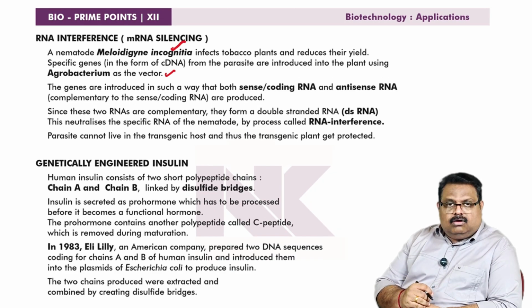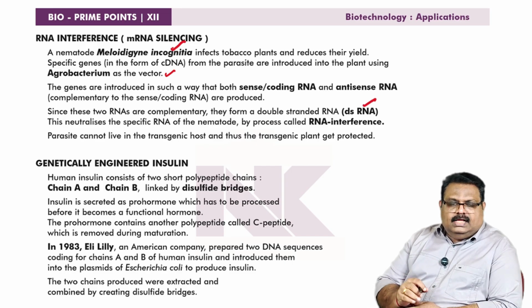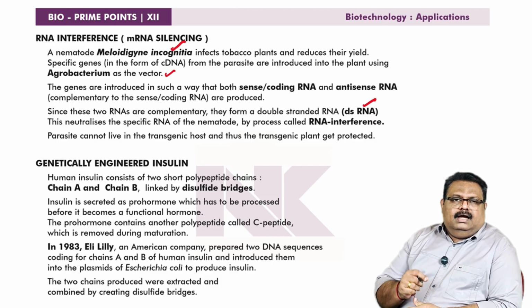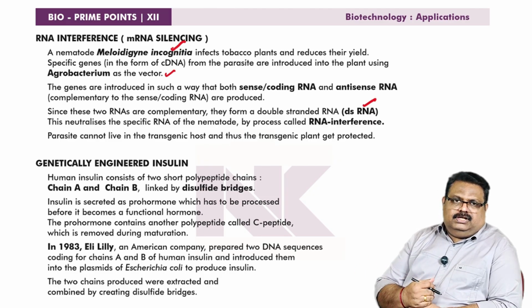Since these two RNAs are complementary, they form a double-stranded RNA, that is dsRNA. This neutralizes specific RNA of the nematode by a process called RNA interference. In the central dogma, we studied that DNA is double-stranded. It produces single-stranded RNA, and only from this single-stranded RNA can the protein be produced by a process called translation.